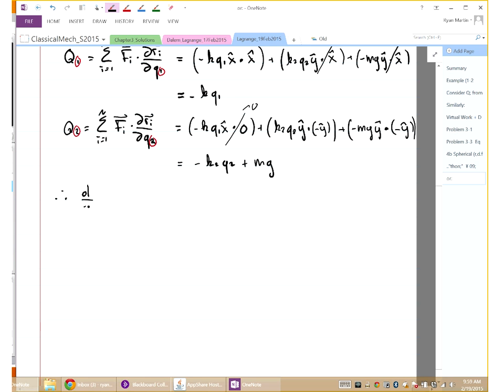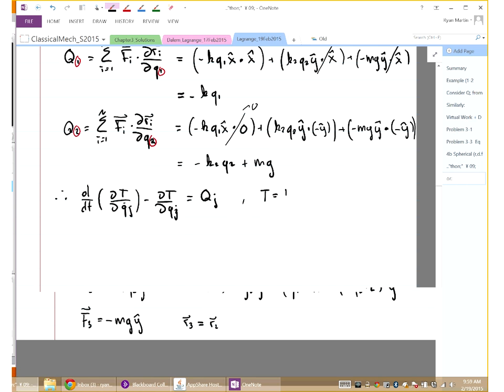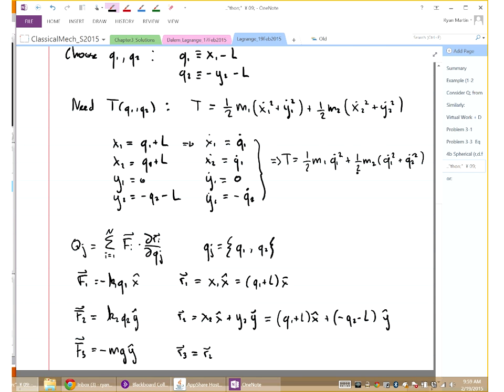So we now have everything to put into D'Alembert's equation. Remember D'Alembert's equation: d/dt of ∂T/∂q̇j minus ∂T/∂qj equals capital Qj. So T, remember, was, let me rearrange, this is what we found for T up here: a half m1 q1 dot squared plus a half m2 (q1 dot squared plus q2 dot squared).